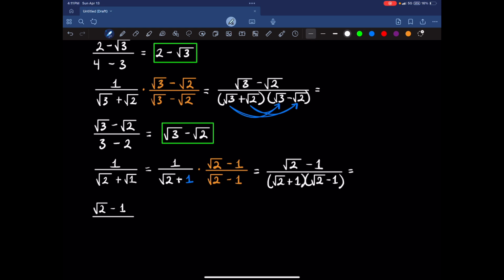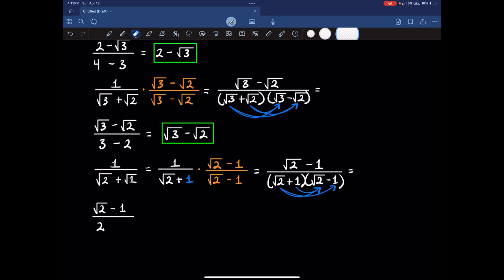And in the denominator, we can FOIL this out. So square root of 2 times square root of 2, that's just 2. Put that there. We know the outside and the inside terms are going to cancel, but let's look at it again. Square root of 2 times negative 1, that's negative square root 2. And 1 times square root 2, that's just positive square root 2. Add those together, you get 0. And that really is the power of the conjugate, right? We can take these square roots and we can completely remove them from our denominator.